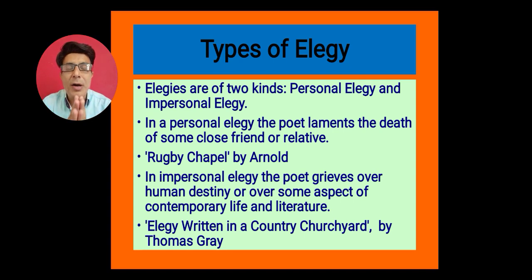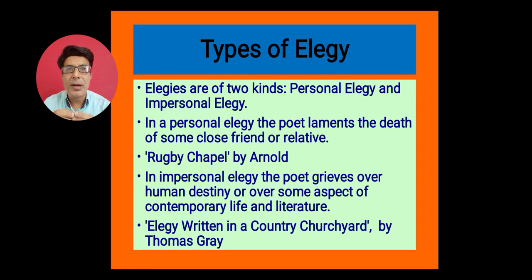In English literature, mainly we find two types of elegies: personal elegies and impersonal elegies. In the personal elegy, the poet laments the death of some close friend or relative.